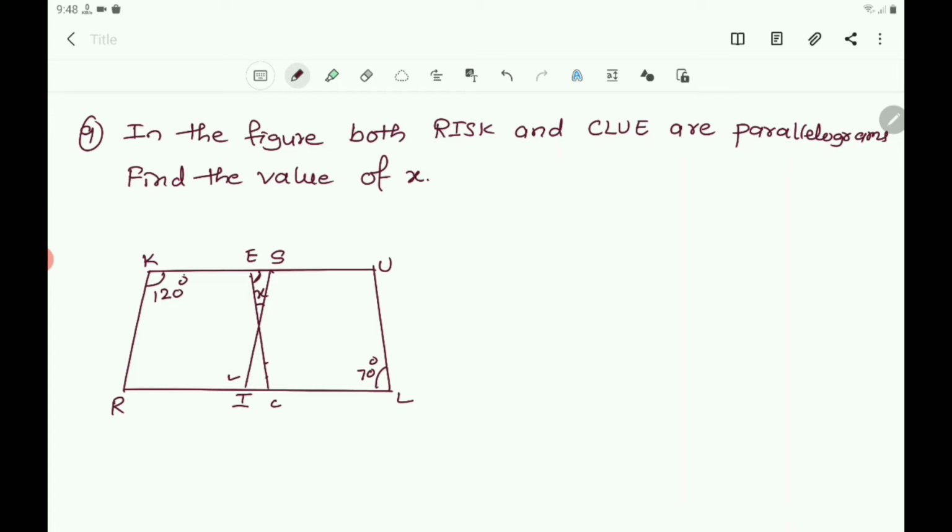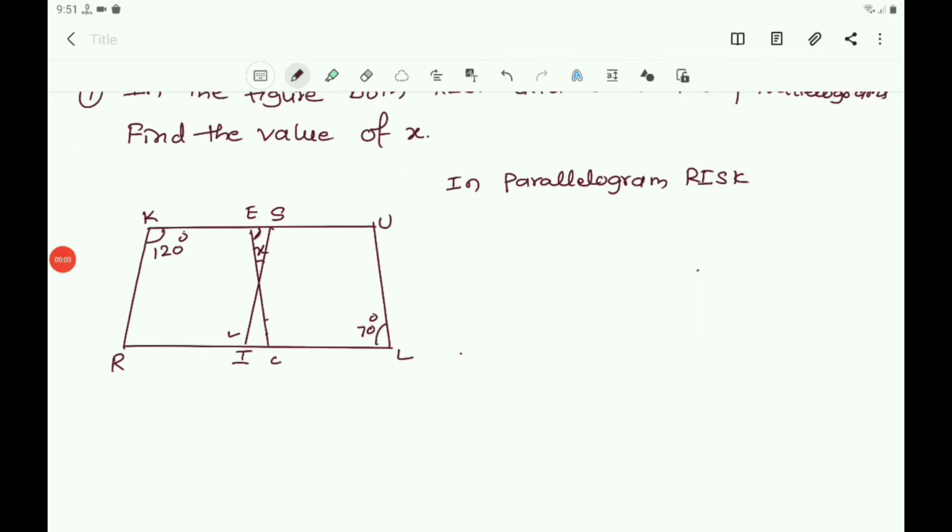So first use the property of the parallelogram in which opposite angles are equal. In parallelogram RISK, angle K is given, that is angle K is equal to 120 degree.